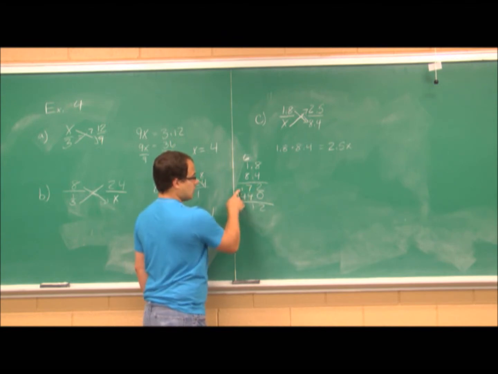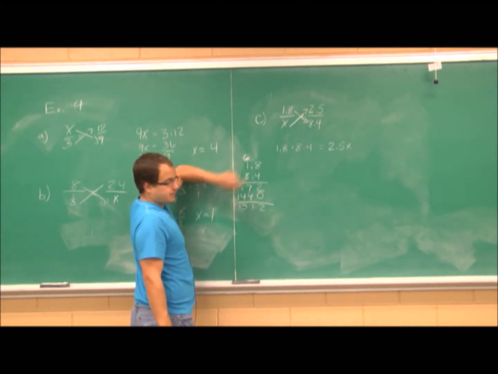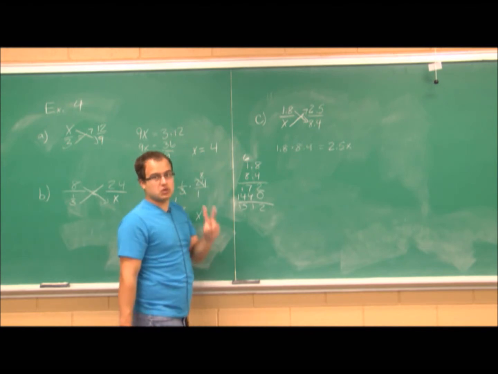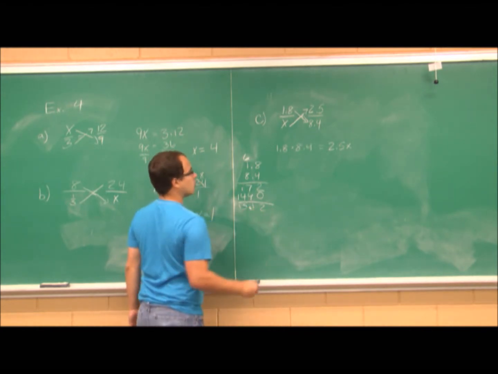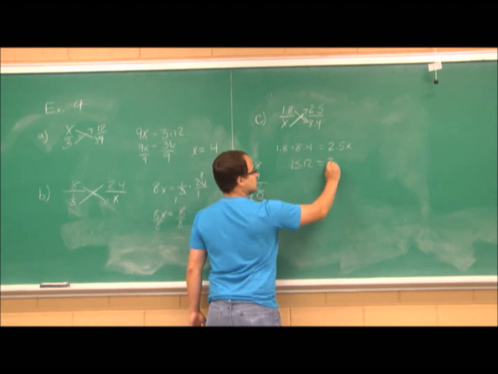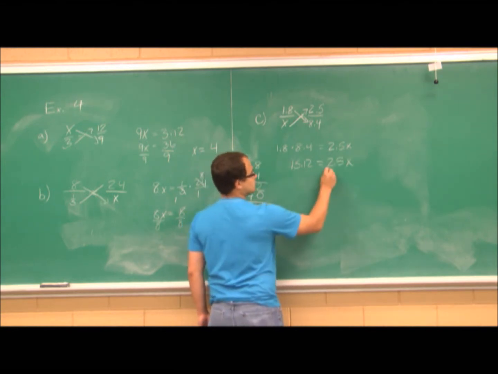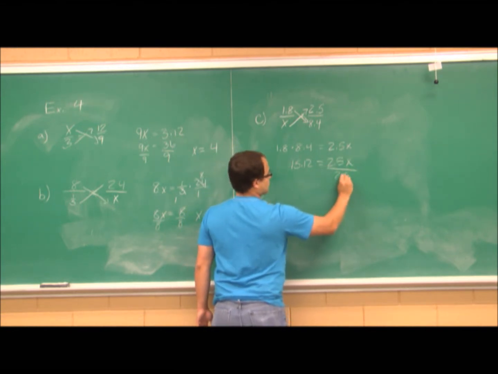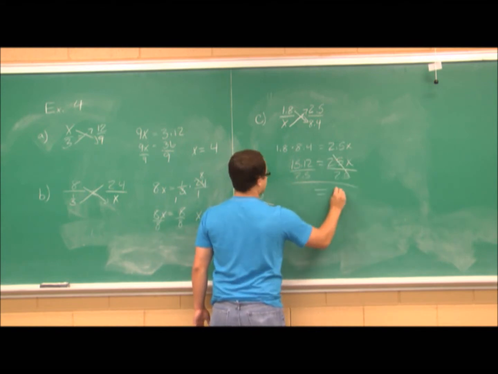Carry the 1. 1 plus 4 is 5. 1 is 1. Add 1 decimal place here, and 1 decimal place here, giving me a total of 2 decimal places. So 15.12 equals 2.5x. Again, because I'm multiplying by 2.5, I'm going to divide by 2.5 to get x by itself.